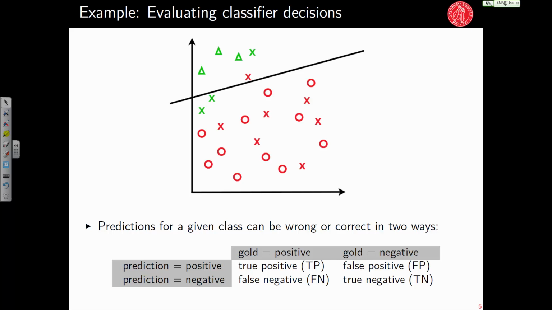And there are 4 ways in which we can categorize these different predictions. The first one is true positive.